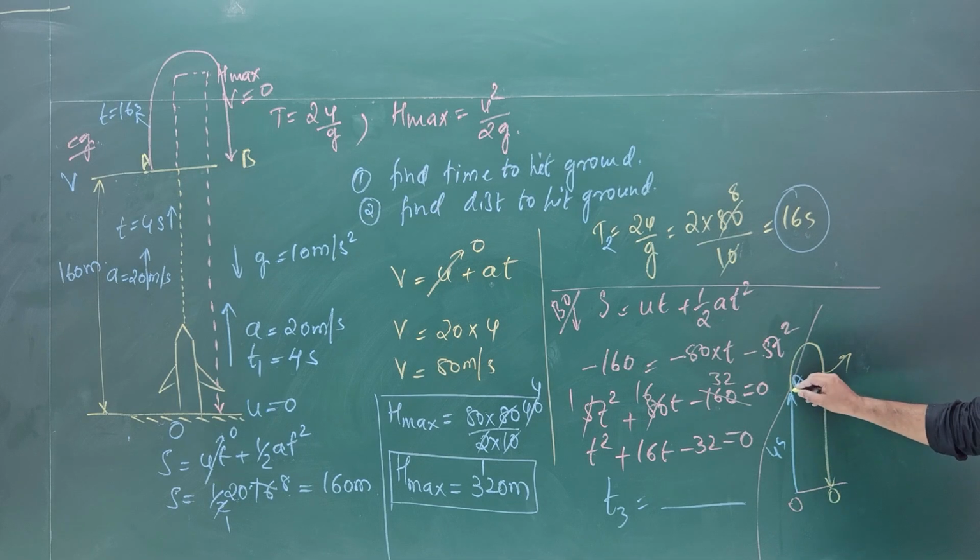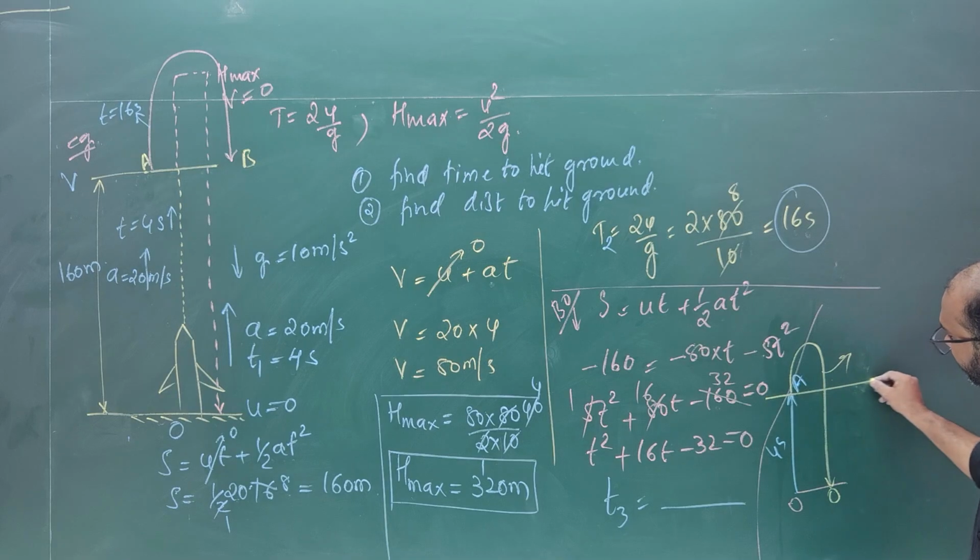So 4 seconds plus displacement answer. Total time. Or 4 seconds plus this 16 seconds plus this time. Whatever you want to do, you can do, you will reach the same value.